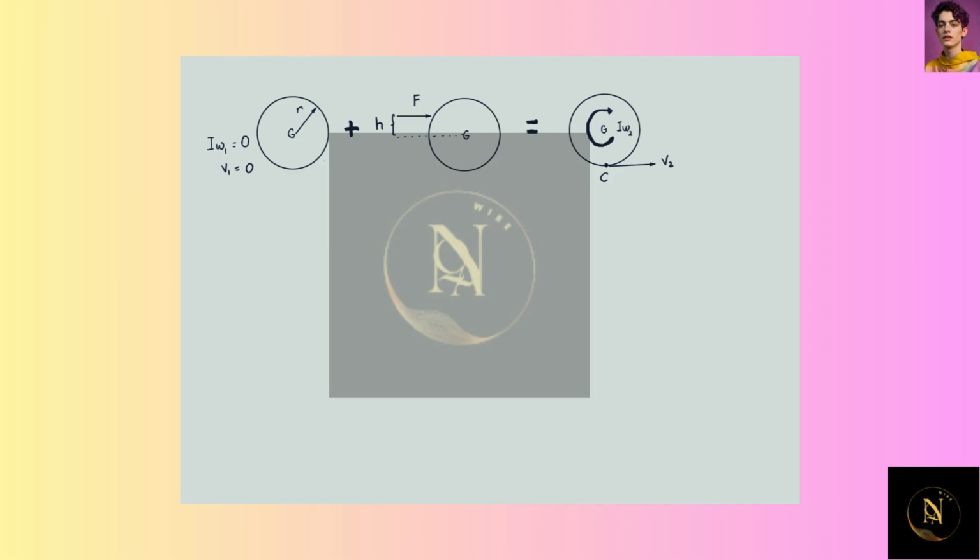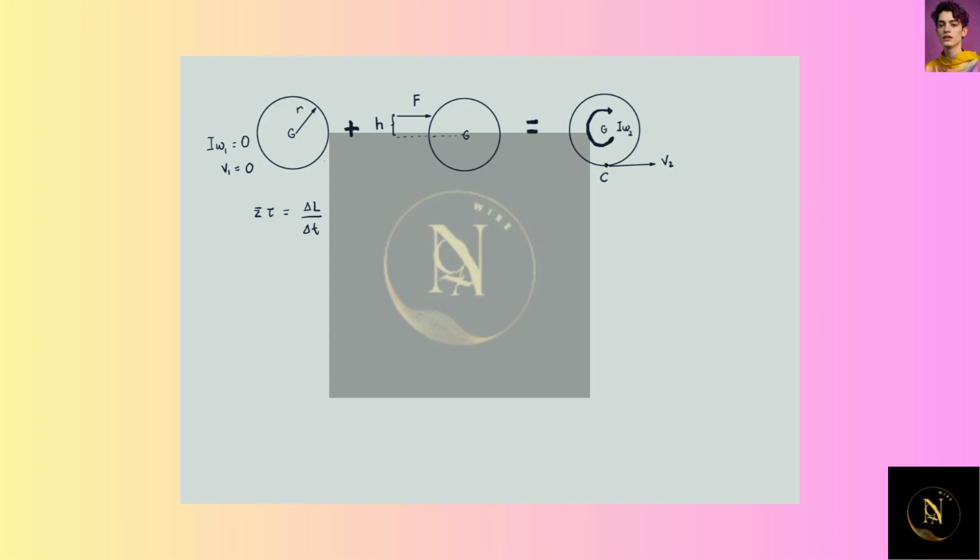To solve this problem, we will apply the relationship between the torque experienced by the billiard ball and its angular momentum. This is given by the equation: summation of torque equals the rate of change in angular momentum, or the change in momentum over the time interval.